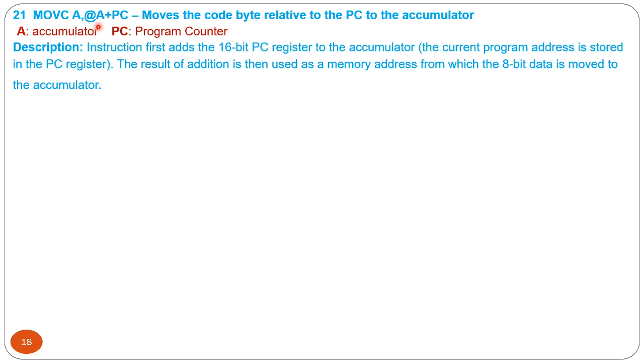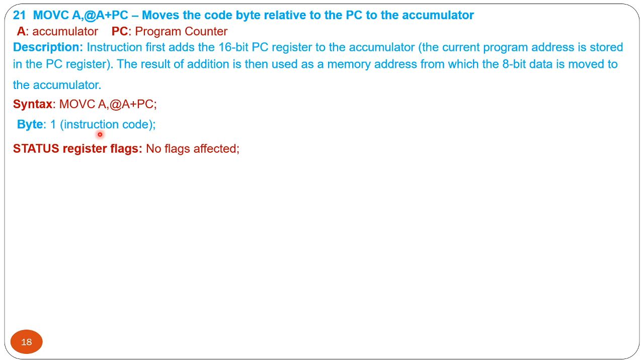So the content of program counter plus the content of accumulator gives the address of memory whose content moves into the accumulator register. The syntax is MOVC A, @A+PC. This is a 1-byte instruction, and only one machine cycle is needed. No status flags are affected.